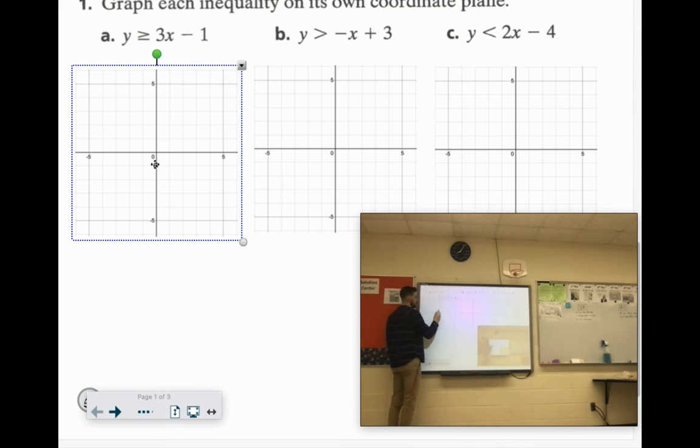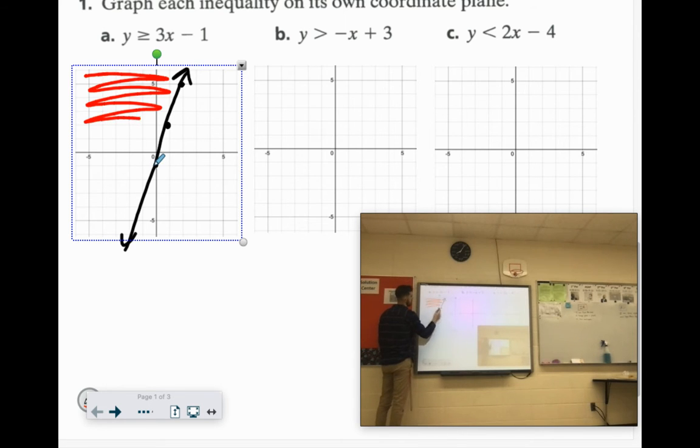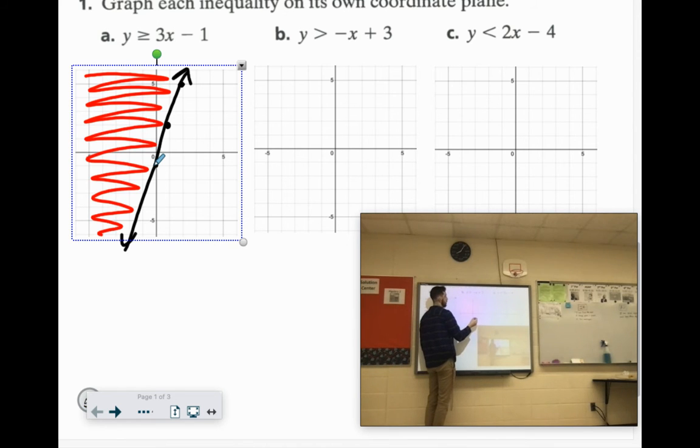Down 1, then we'll go up 3 over 1. Solid line. And it is greater than, so we shade above. Okay, here up 3, our slope is negative 1. Dashed line.